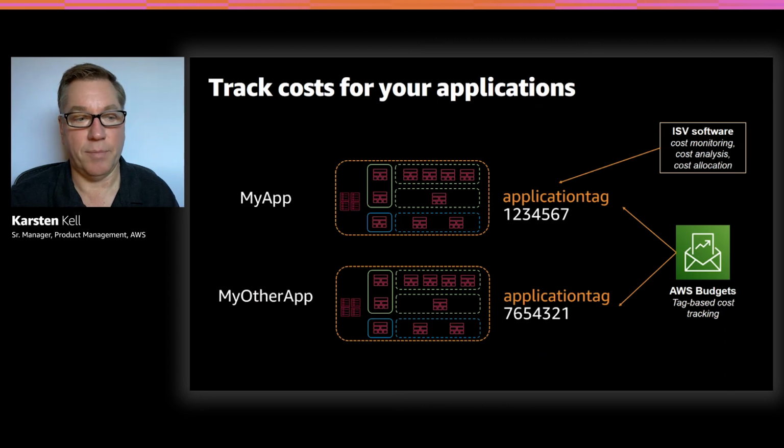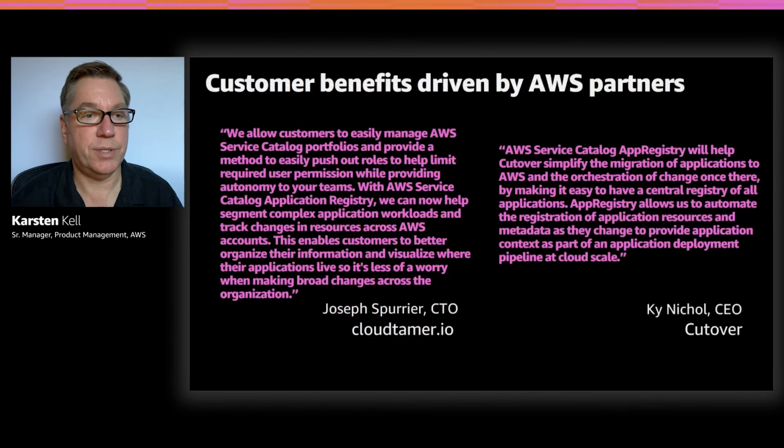So with that, I'd like to talk a little bit about how AWS partners and software vendors have received AppRegistry and some of the use cases that they see. So a couple of our partners see value in collecting and segmenting customer workloads by application and doing this in AppRegistry.